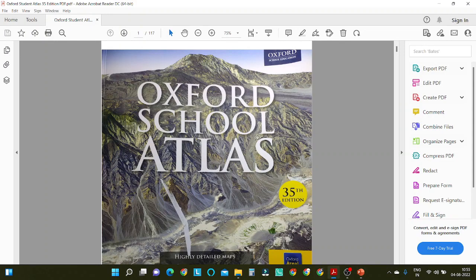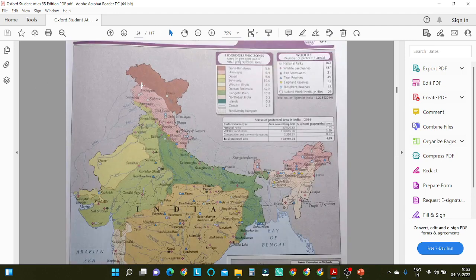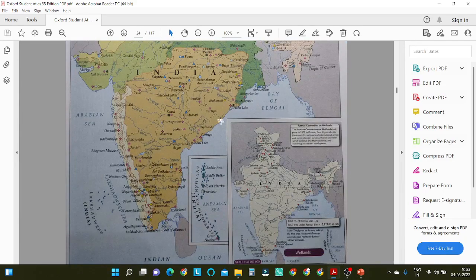Now we jump into the atlas and open the Indian map. Now we try to point the location of Visakhapatnam on the India map. It is somewhere on the eastern coast of India.